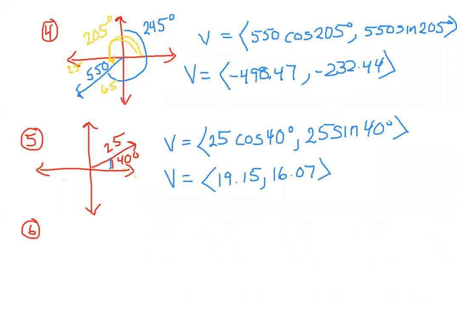A cruise ship is sailing at 20 knots in the direction of north 12 west. Okay, let's draw that first. Where will north 12 west be? Well, here's north and here's west. Has to be acute, so it's going to be right there. Oh, it changed the color on me. And that's where our 12 is going to be.